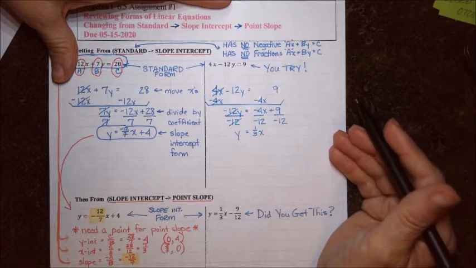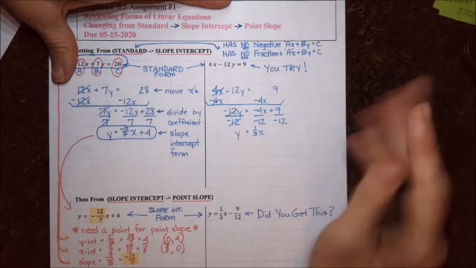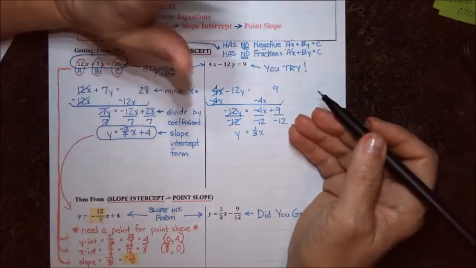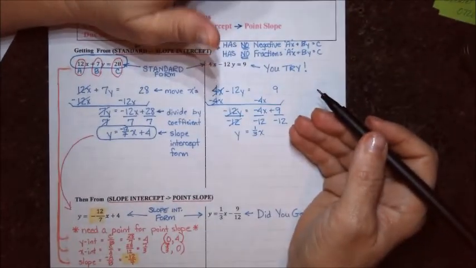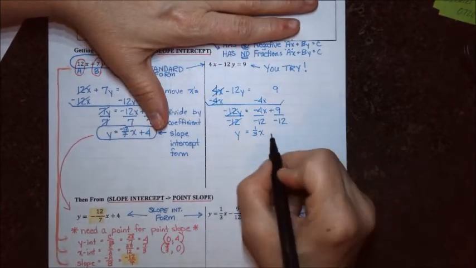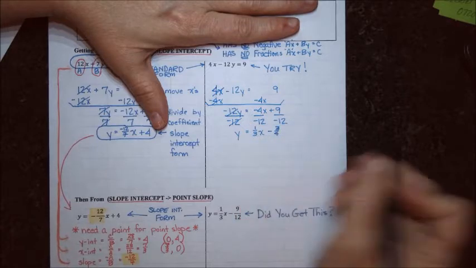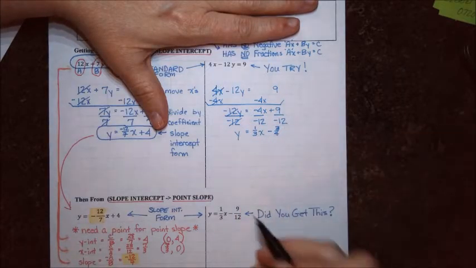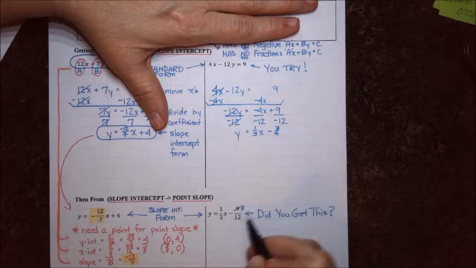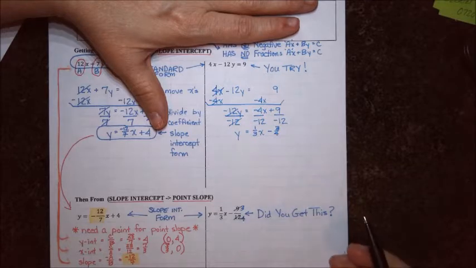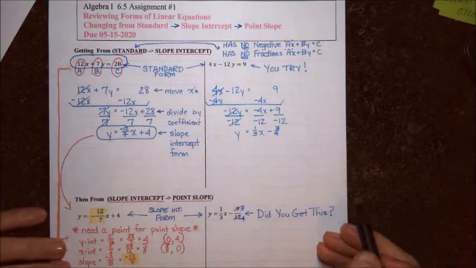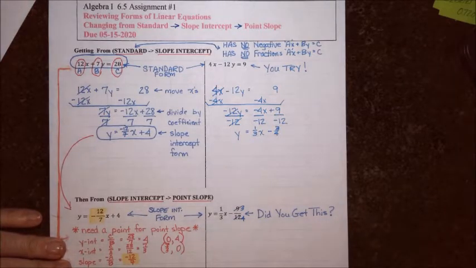Yes, I should have simplified that, and I didn't catch it until now. My bad. Yeah, 3/4. Okay, so we have a negative 3/4. If you left the 9/12 or changed it, I'll change it to 3/4 real quick. Oops. I'm so sorry. Okay. You should have gotten 3/4.